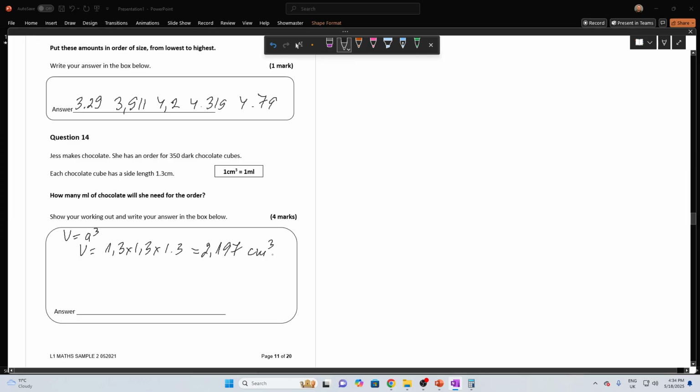This is the volume of the one chocolate, and then I need to multiply this by 350.